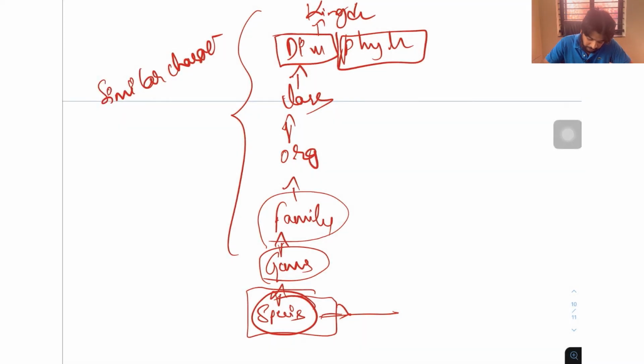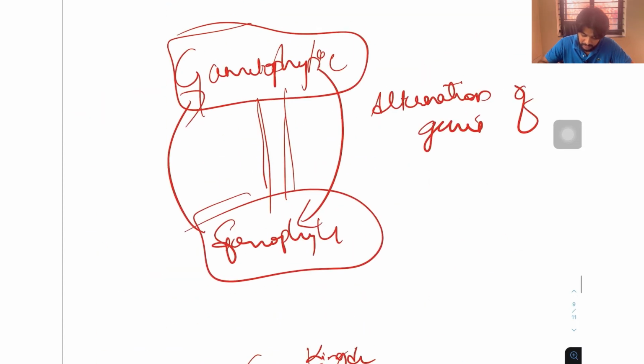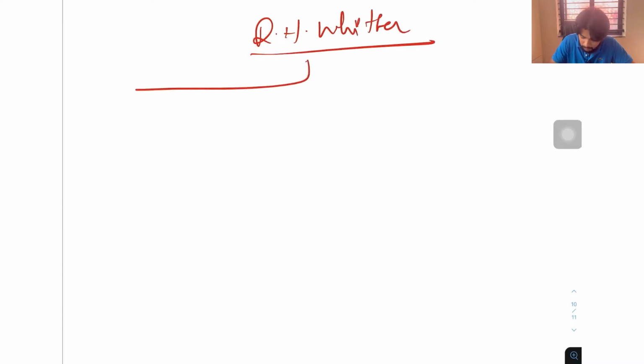In the same way, we discussed in biological classification that R.H. Whittaker gave a 5 kingdom classification. According to R.H. Whittaker's 5 kingdom classification, first one is algae. Sorry, it is not algae.